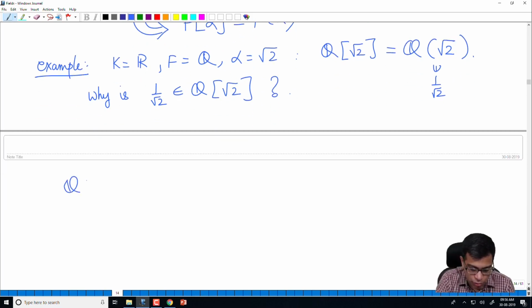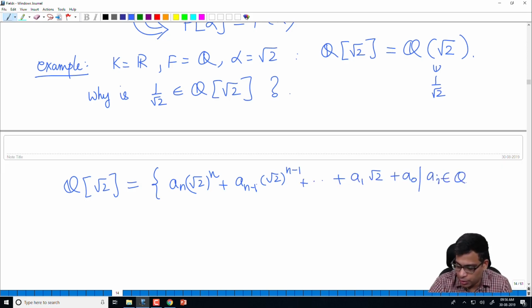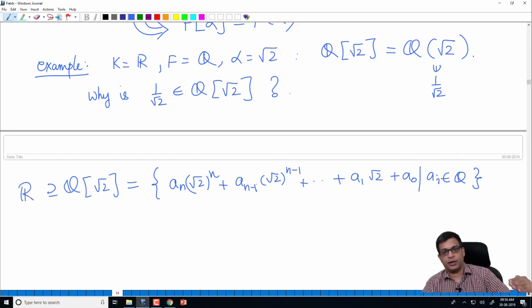So what is Q square bracket root 2? It's a good time to recall what it is. These are polynomials like this, a_n root 2 to the n, and so on, down to a_1 root 2 plus a_0, where the a_i are in Q. And remember, this is of course sitting inside R. We have to keep emphasizing, we have a bigger field under which all the stuff is happening and we have a smaller field above which all the stuff is happening.